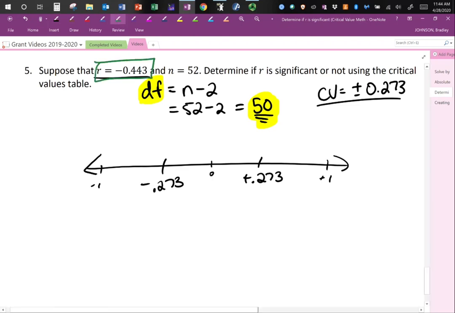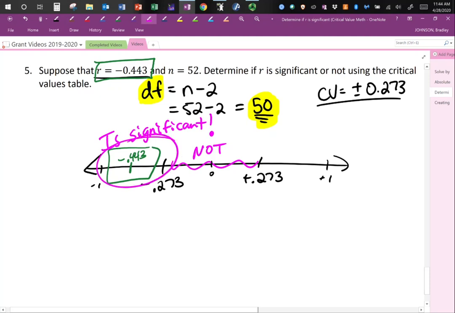Our r value, our correlation, is negative 0.443. Negative 0.443 is right here. So this is in the outer region, right? Because the in-between is the not significant location. But this right here, it is significant. So we're happy.